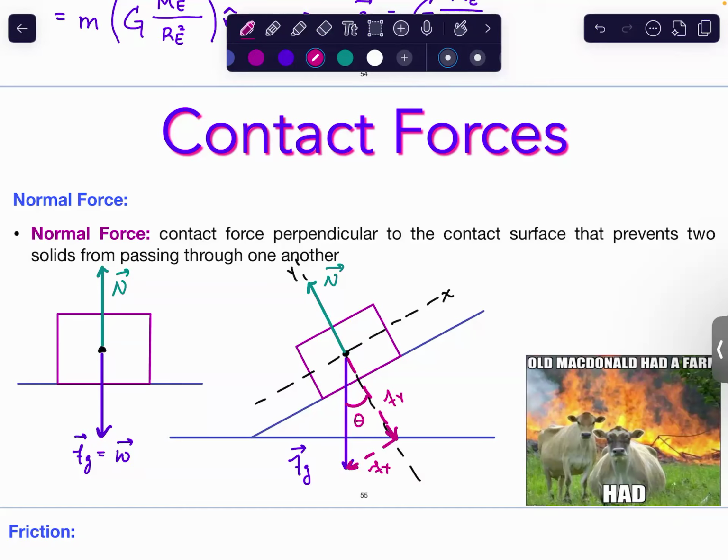But you can see that the normal force this time is produced by the y component of the gravitational force. Okay, should probably make this a little more clear. Gravity y, gravity x. So the normal force is not going to be the same size as the overall gravitational force. It's only going to be as large as the y component. Don't worry about this. You're going to use it a lot, and so it'll make sense as time goes on.